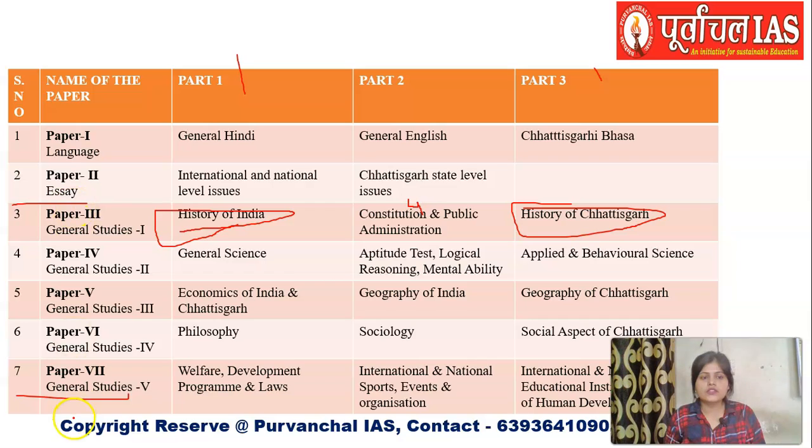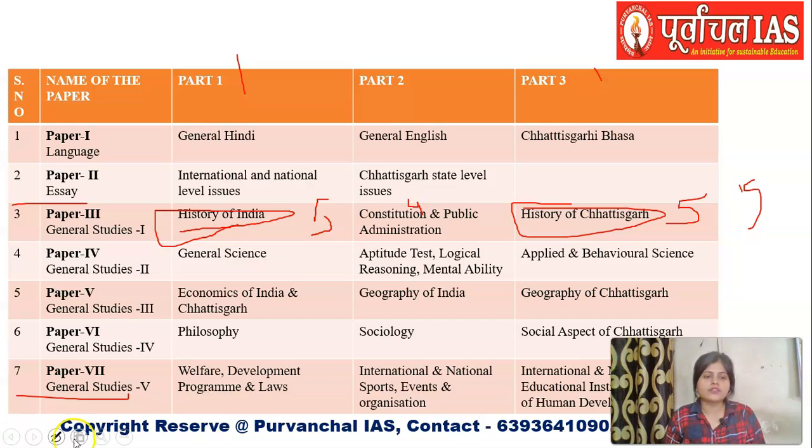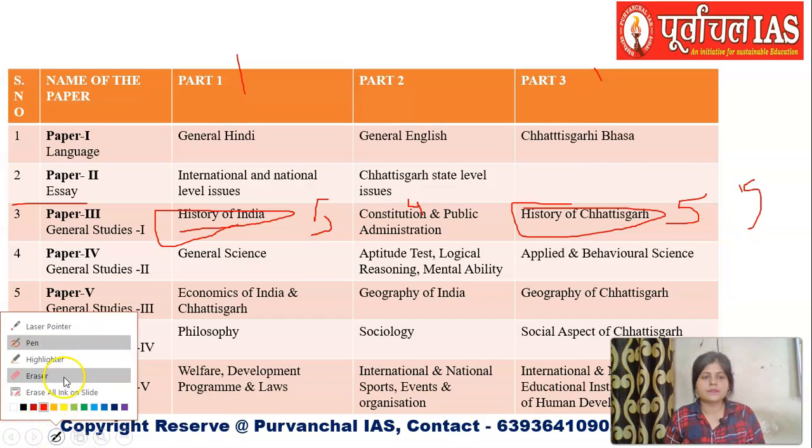So from paper 3 to paper 7, section 5 will contain questions from these parts. It is a 15 marks question. From each part you will have 2 questions and you have to attempt one out of that.